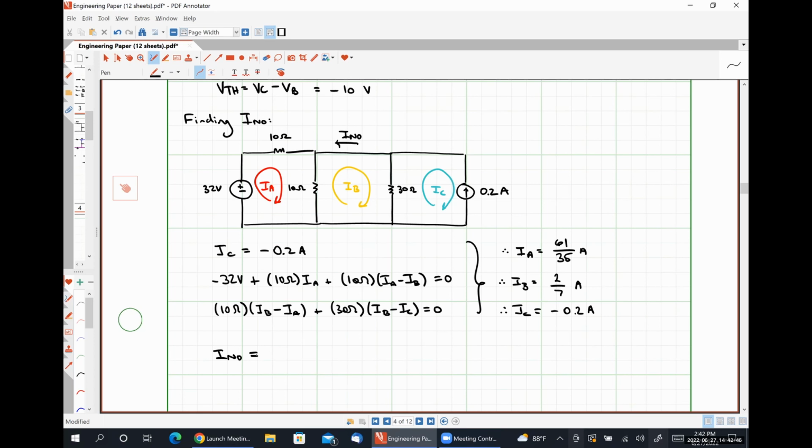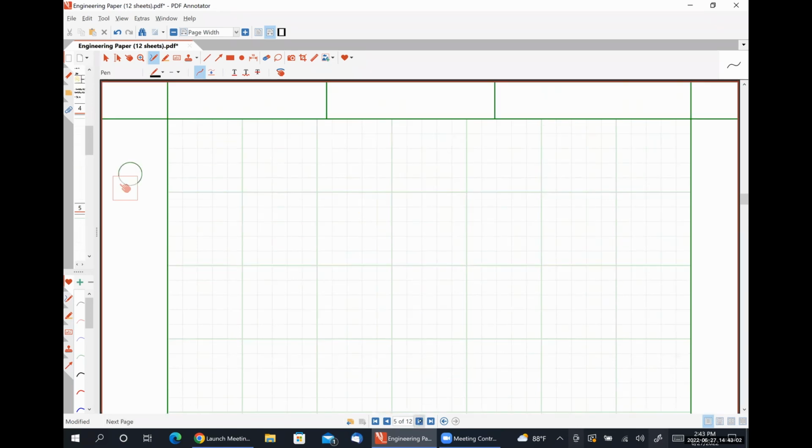I Norton is negative IB, absolutely correct. All right. Lastly, let's solve for RTH.